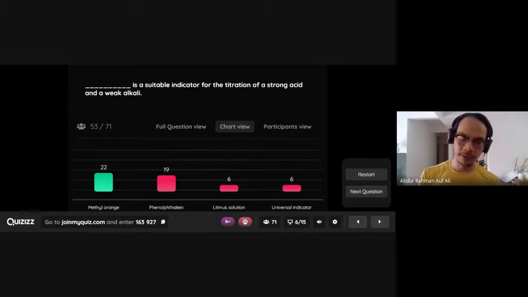Kita tak boleh guna phenolphthalein. Okay, because it wouldn't be efficient indicating the endpoint.